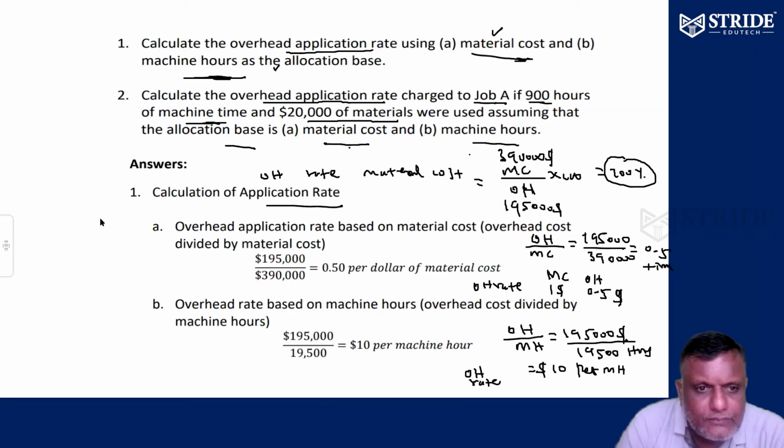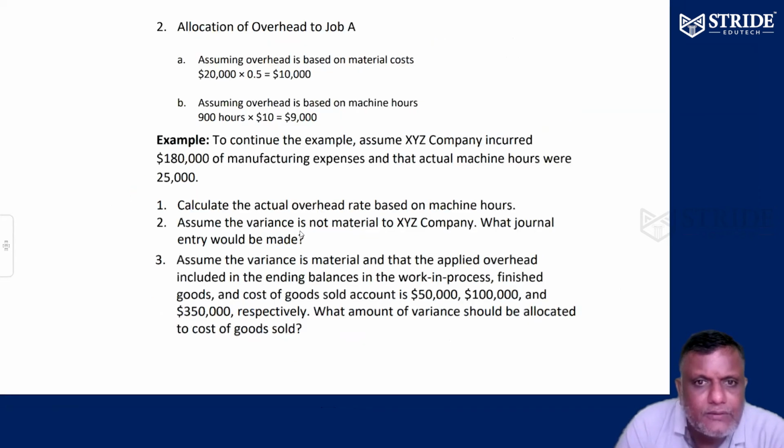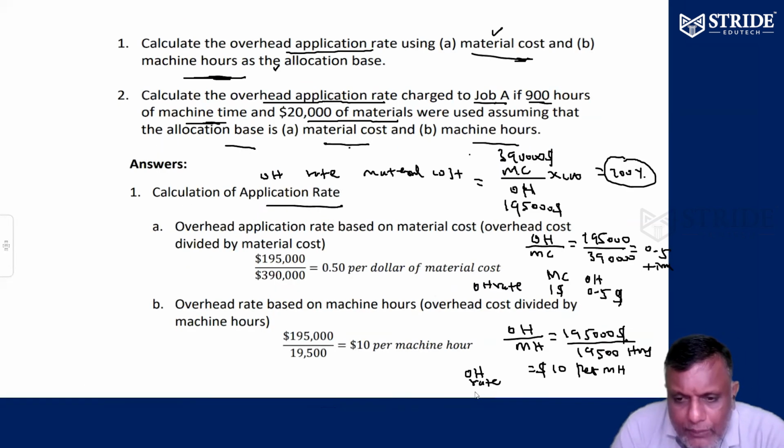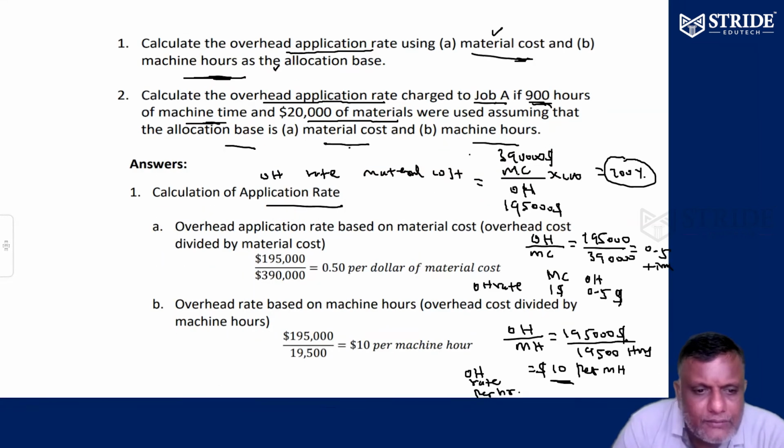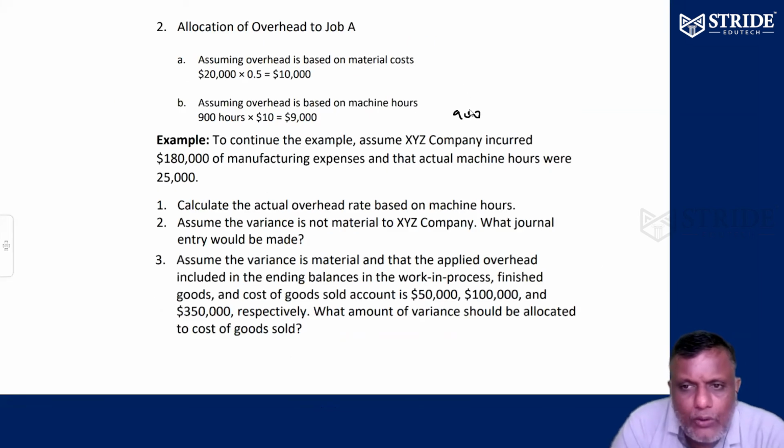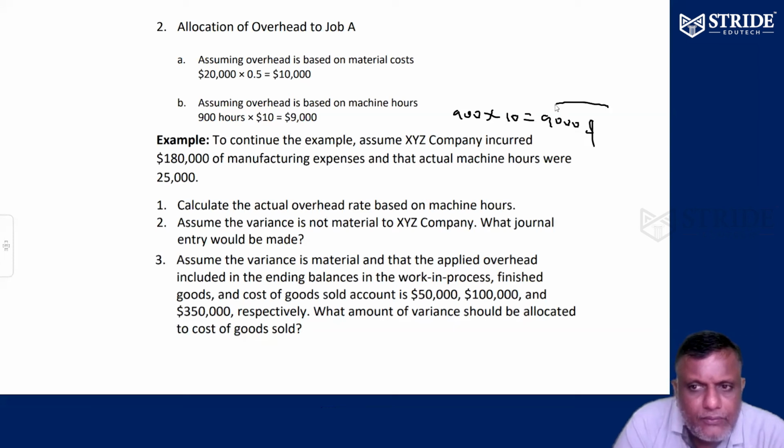For 1 hour of machine running, what is the overhead cost? $10. For the job, I took 900 hours. Our total overhead cost for 900 hours is 900 into 10, which is equal to $9,000.